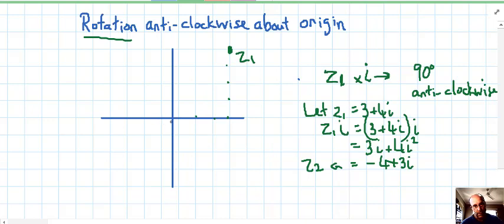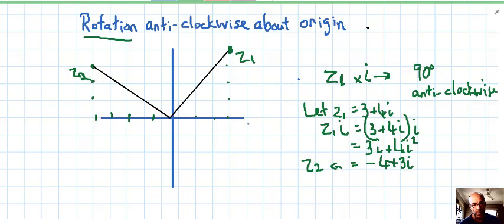So Z2, according to this, should be, sorry, my axes haven't aligned with the grids properly, I apologise for that. So we've got -1, 2, 3, 4, and plus 3i, 1, 2, 3, and that has happened.